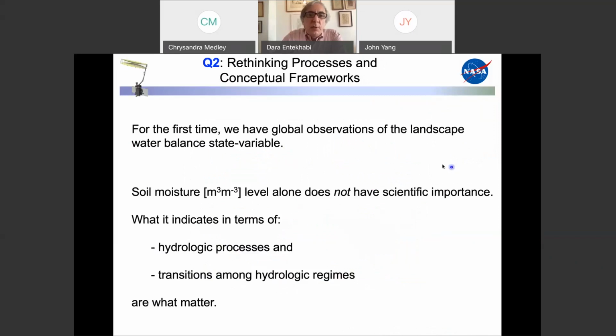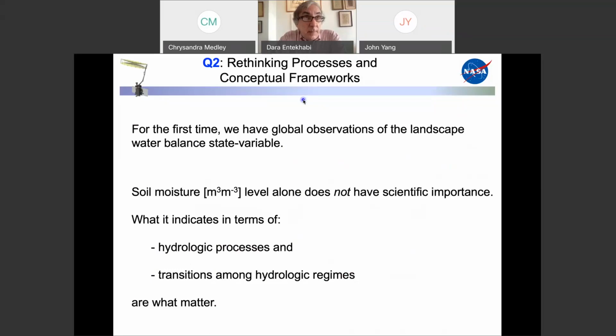So let's go on to question number 2, that here we have a new data type, surface soil moisture, which is again the state variable of the landscape water balance. Does the new data type inspire or spur a rethinking of our conceptual frameworks for landscape water balance and hydrology?